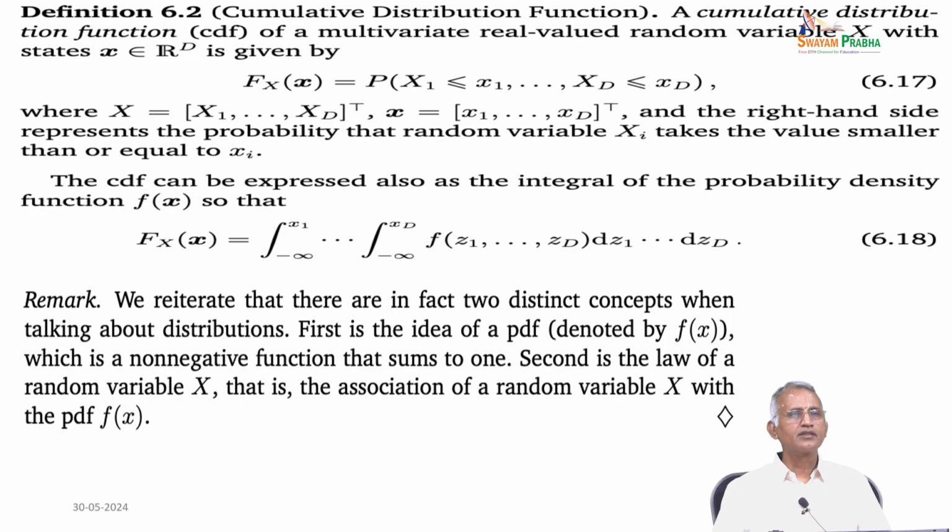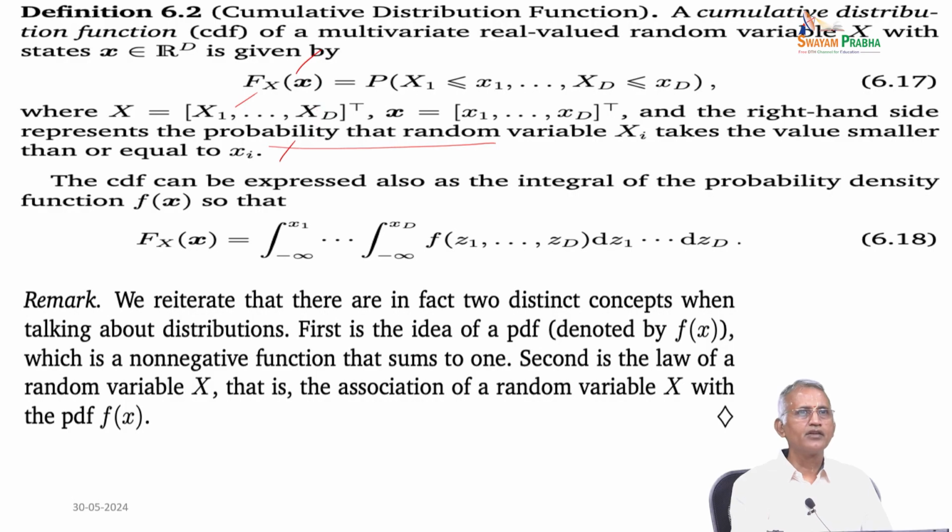Now, the next definition is the cumulative distribution function. A cumulative distribution function, denoted by CDF, for a multivariate or real valued random variable, F of x, is the probability of X1 less than or equal to x1 and so on up to Xd less than or equal to xd, where X equals X1 to Xd and small x is x1 to xd. The right hand side represents the probability that each Xi takes a value smaller than or equal to xi.